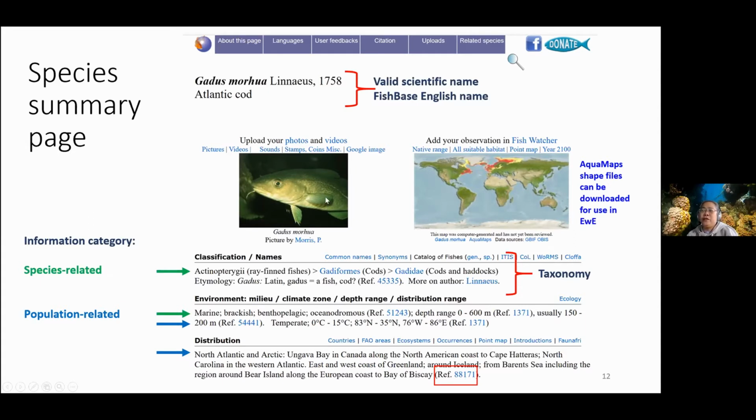Actually, this is the picture that was chosen by unanimous decision. But there are lots of other pictures. So if you went to the pictures or videos, you can see other pictures that are submitted by photographers who are collaborators of FishBase and who actually know how to vet the identification of that species in the photo.